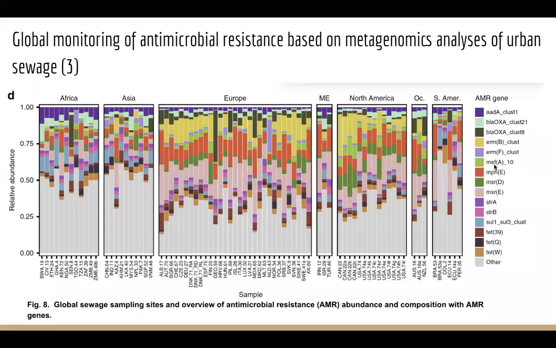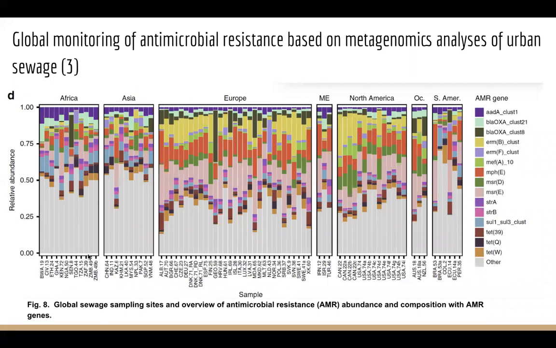So in this work we have done, it has been found that we have very important resistant genes that are mainly found in Africa. Most of them are not classified.